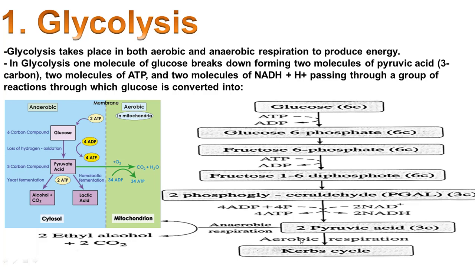Pyruvic acid has two routes, aerobic or anaerobic. If it goes anaerobic, it may undergo fermentation, like lactic acid fermentation or alcoholic fermentation, or it goes aerobic and enters the Krebs cycle.